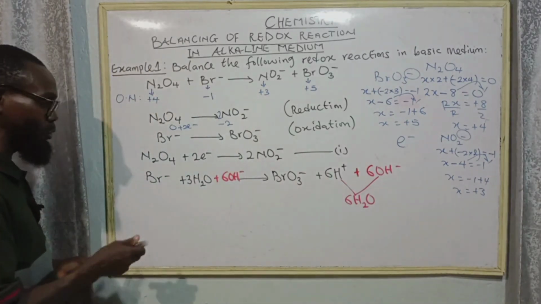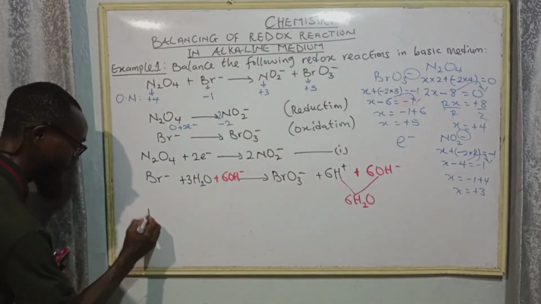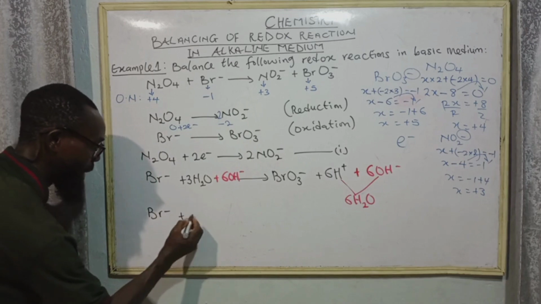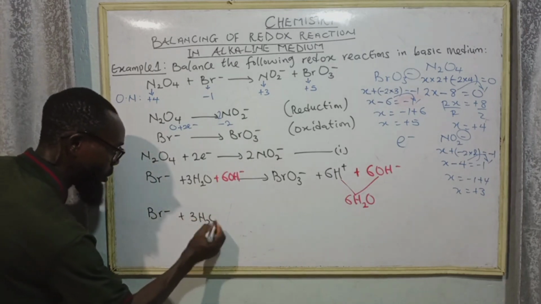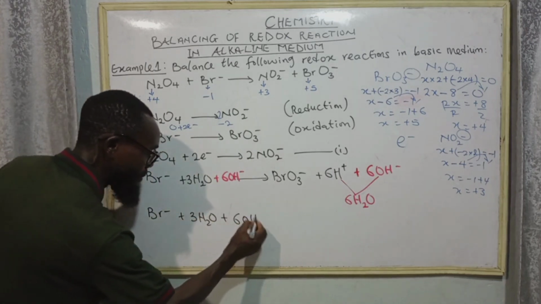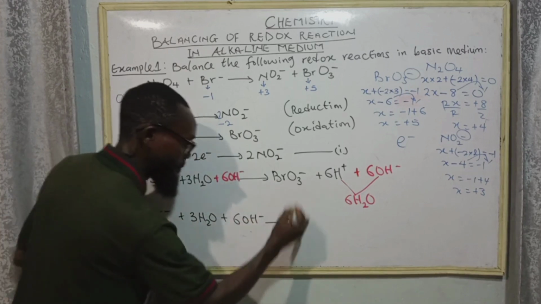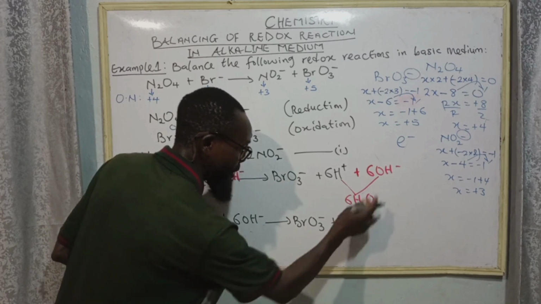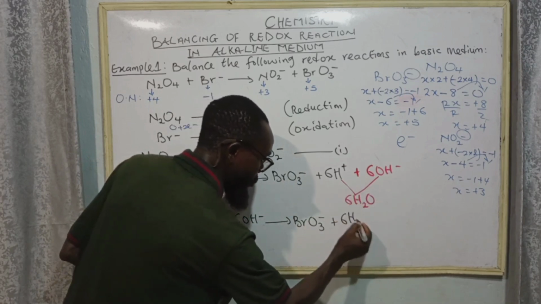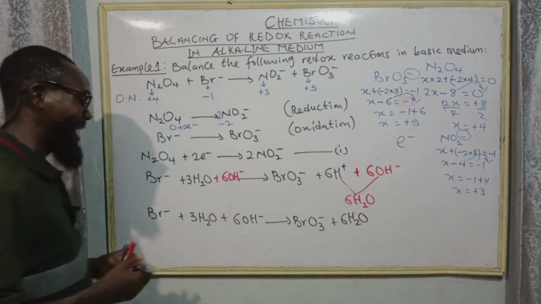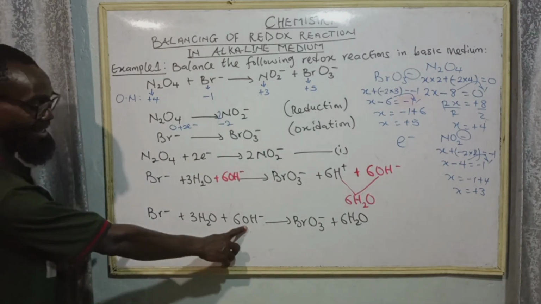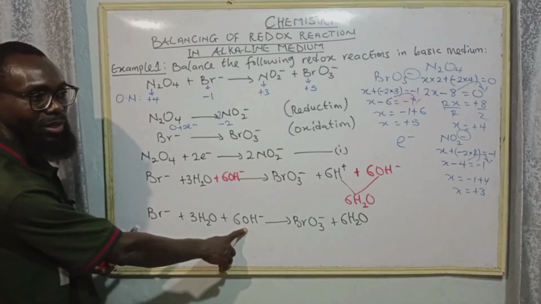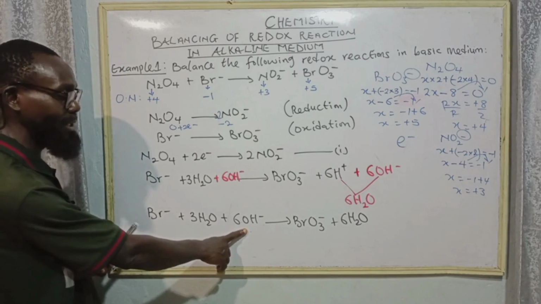Now, I can write this equation this way. Br minus plus 3H2O plus 6OH minus to give me BrO3 minus plus 6H2O. Now, this is now in basic medium.